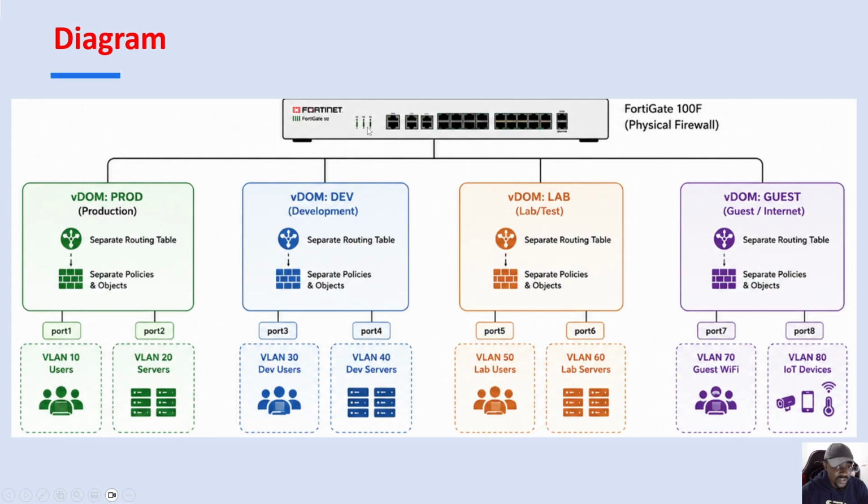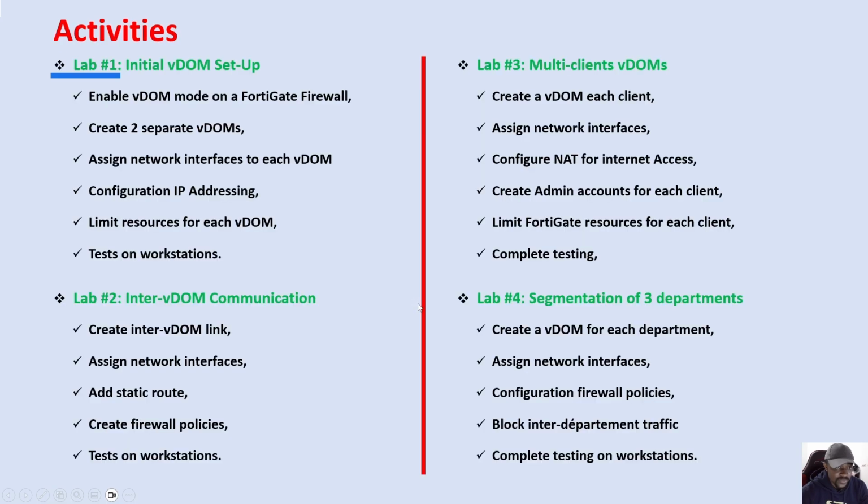From a FortiGate device, we'll be able to define multiple vDOMs, and on each vDOM, we'll be able to create multiple VLANs. So this is just an overview of the whole thing. In the next slides, I'm going to go into more detail about the explanation between VLANs and vDOMs.